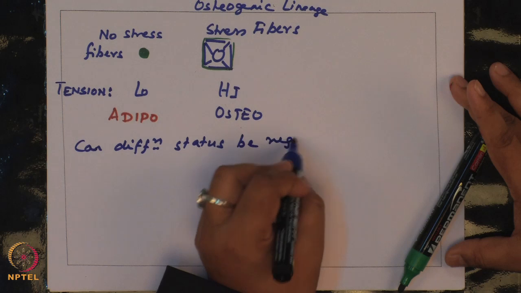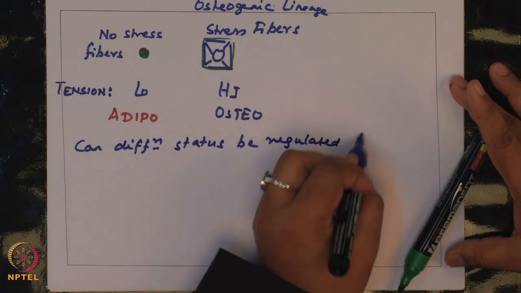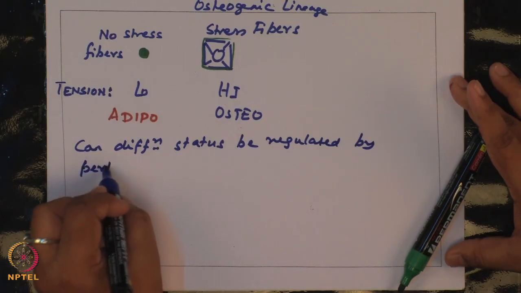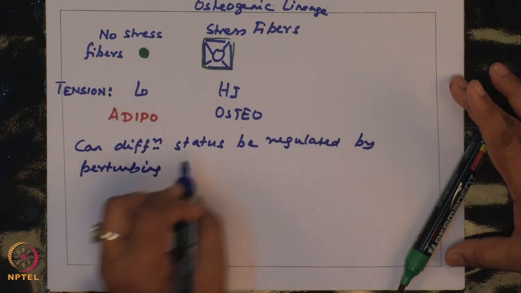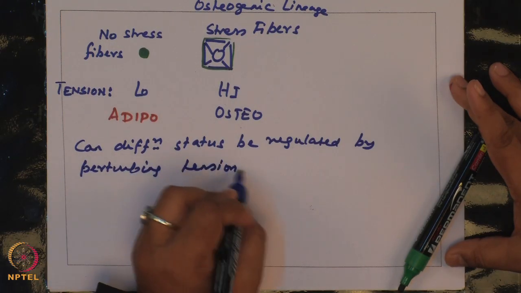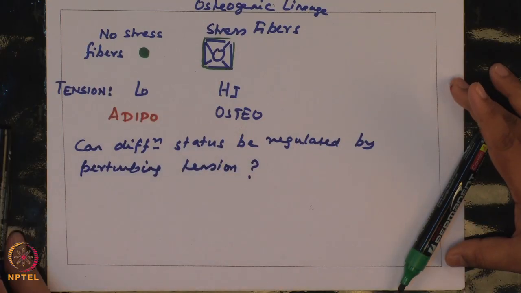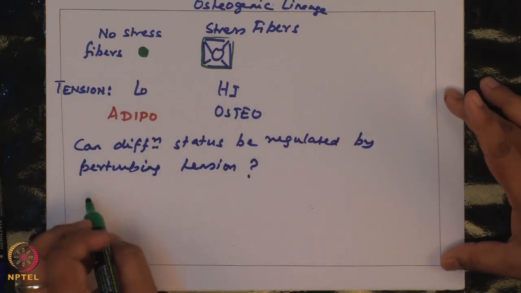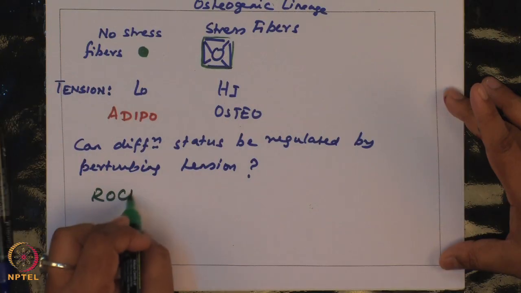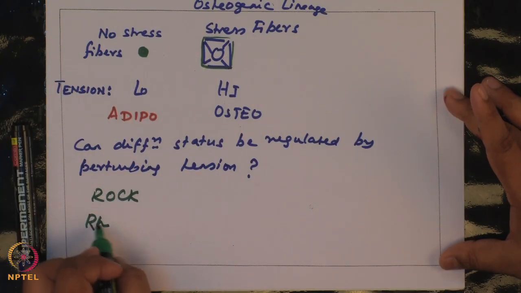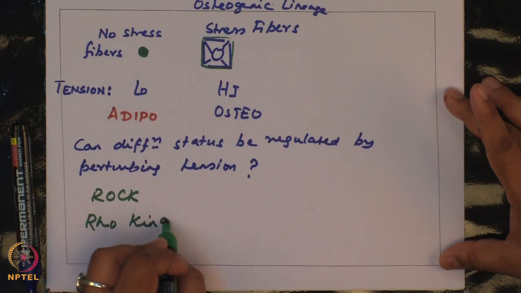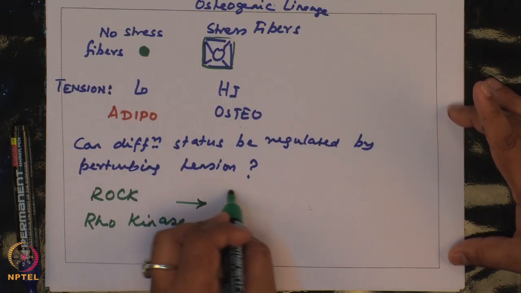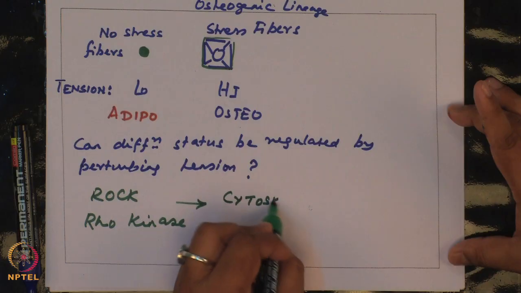So, they then asked, can differentiation status be regulated by perturbing tension? They perturbed tension using, so you have Rho kinase, which is one of the signaling pathways which directly mediates cytoskeletal tension.